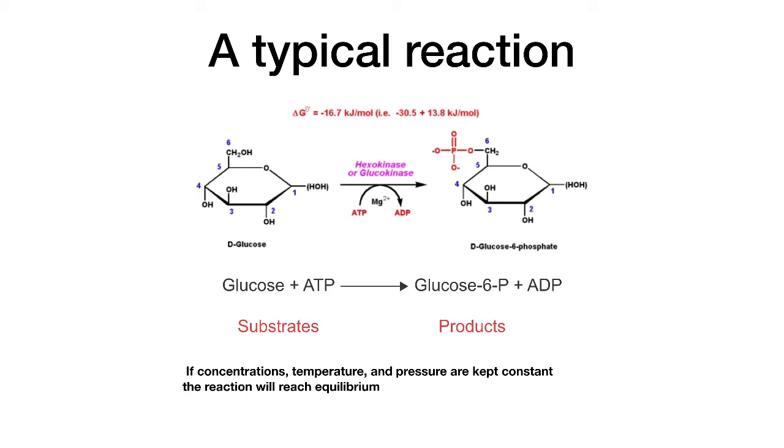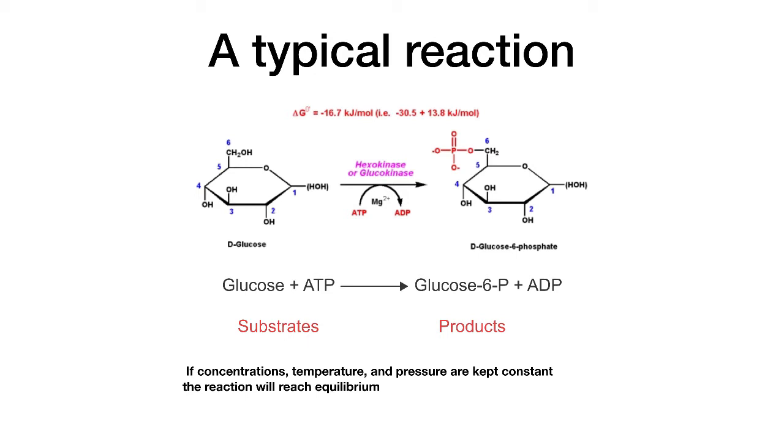Glycolysis is a series of reactions that the mitochondria in your body use to break down sugar and convert it into energy that your body can use.